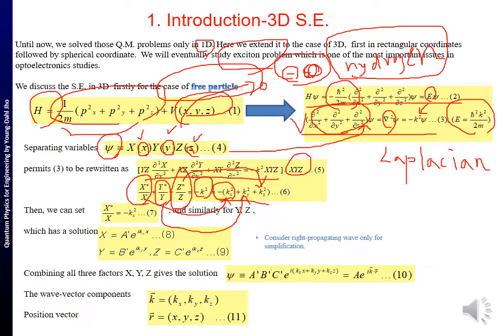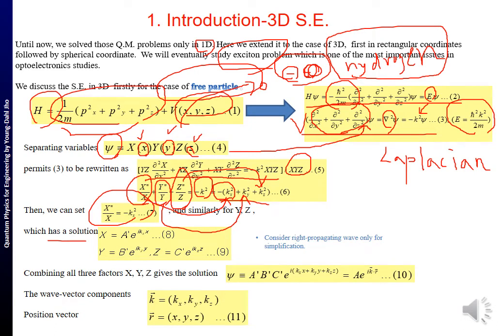So we can set X double prime over X equal to minus kx squared, and repeat this for y and z. And then we have the solution. The most general solution will be A prime e to the i kx x plus something else.